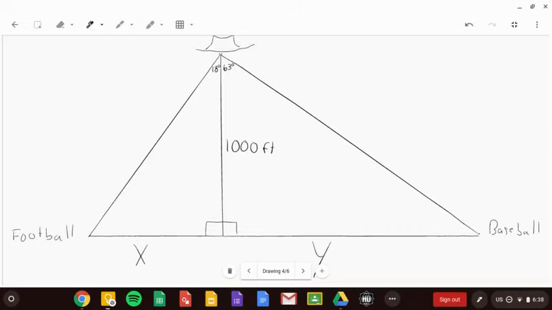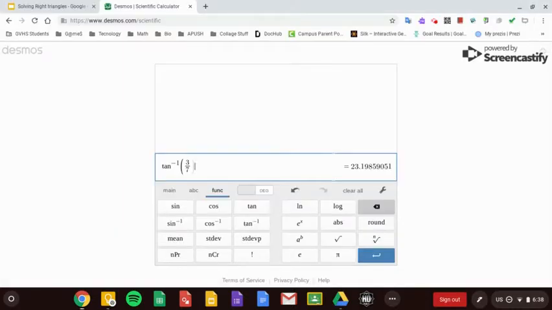So we're going to do tangent of 63 degrees equals y over 1,000. With basic algebra skills, you multiply by 1,000 on each side, and then throw that in a calculator.